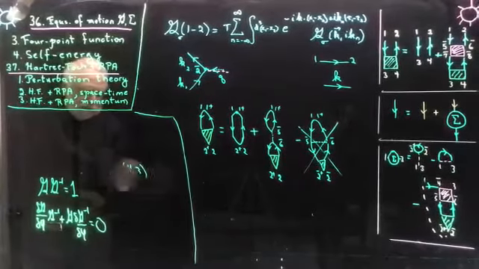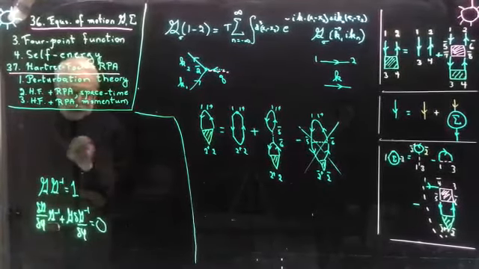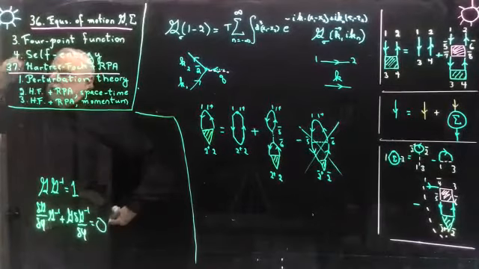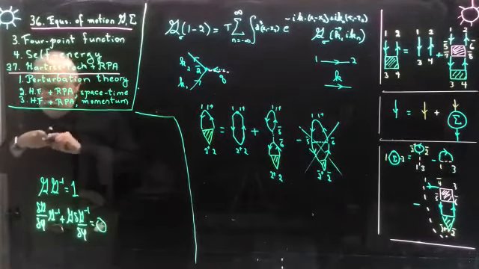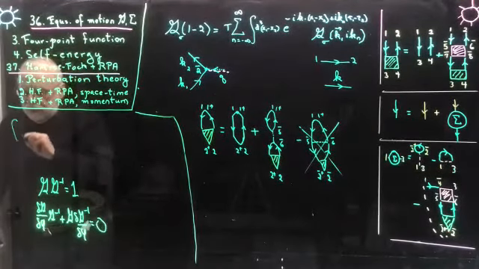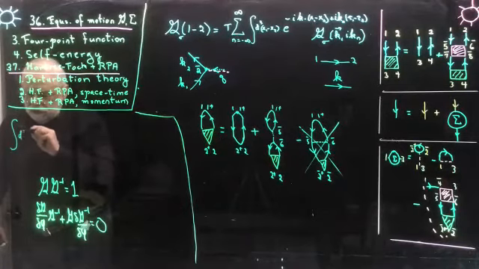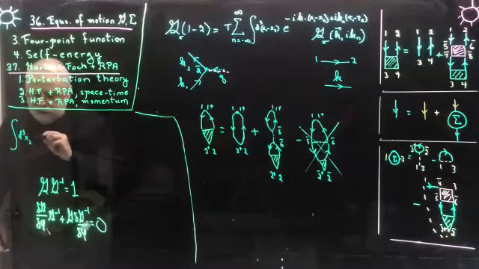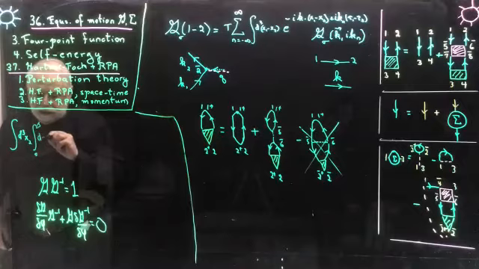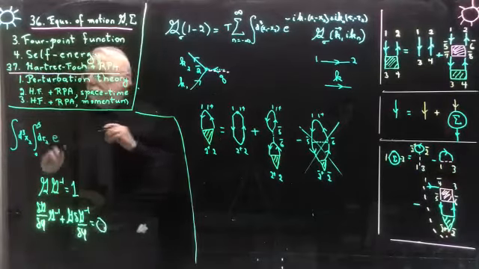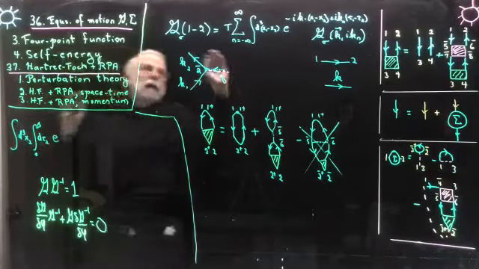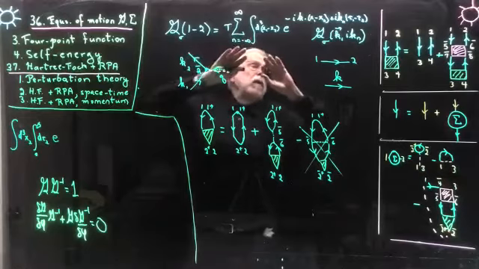So what happens then is that I get the integral d cube x2, and I get the integral from 0 to beta d tau 2. You have to imagine that each of these Green's functions has some integral.